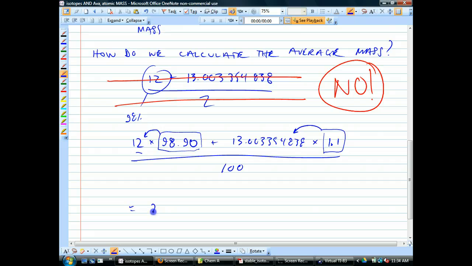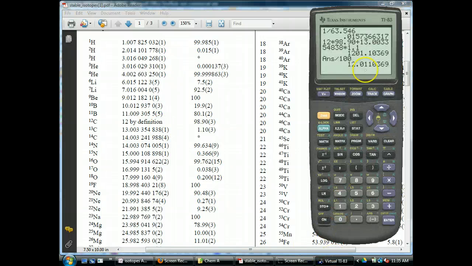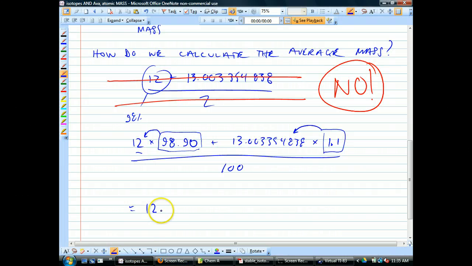It's off a little bit from what I wrote on the board. Let me see why. Sometimes they update these numbers, and depending on where they got the values for the periodic table you have in front of you, they could be slightly different. 12.011 is a common value you'll see for carbon.